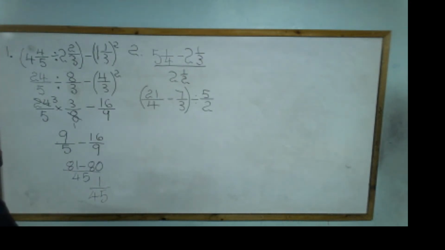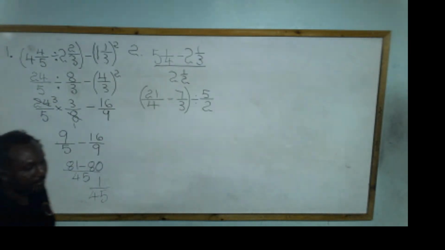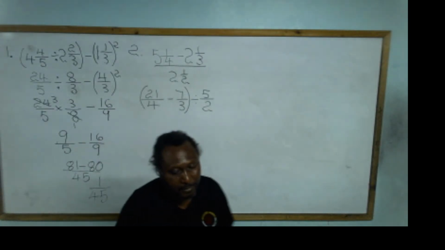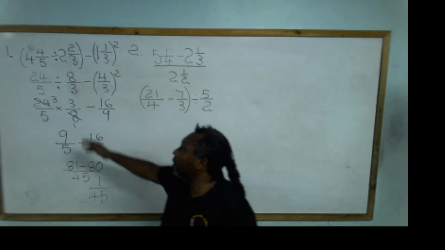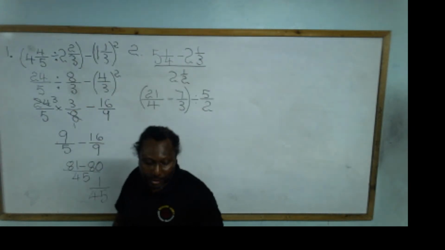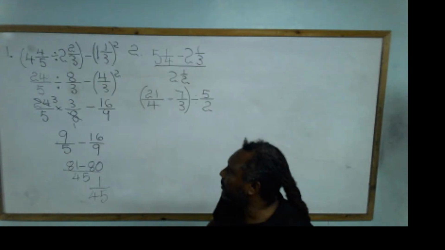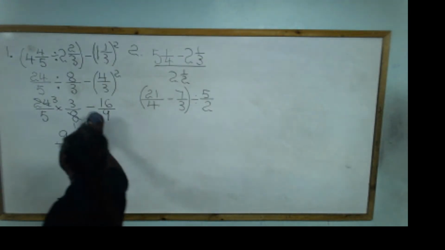So there we go. Now what we have done here is that we are dividing by 8 over 3. And when you divide by a fraction, you do the reciprocal and multiply. So you do the reciprocal and multiply when you are dividing. And of course, when we have done that, we realize that we have common factors.